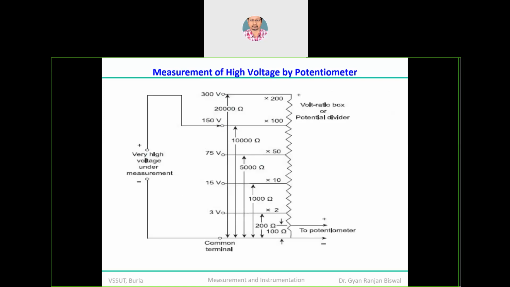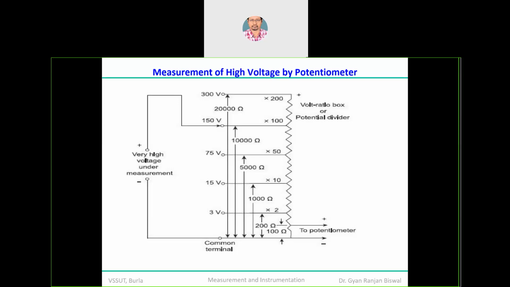In this junction box or voltage ratio box, it is nothing but a cascade combination of a number of potential divider circuits, where each potential divider circuit provides you an option of variable resistance. On the right hand side, you will be able to check the potentiometer, it is indicated. It will give you the exactly known value of resistance where the rheostat pointer is set.